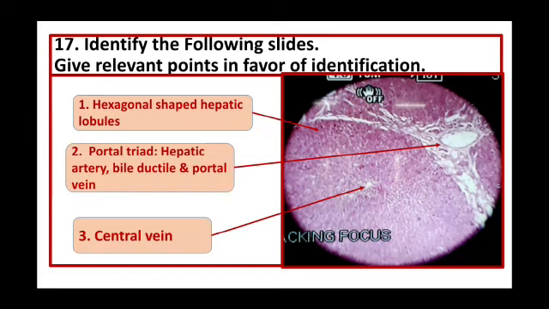So hexagonal shaped hepatic globules are seen, which contain in the center a central vein. At the peripheral margin, portal triad is seen, which contains the hepatic artery, the bile ductule, and the portal vein.